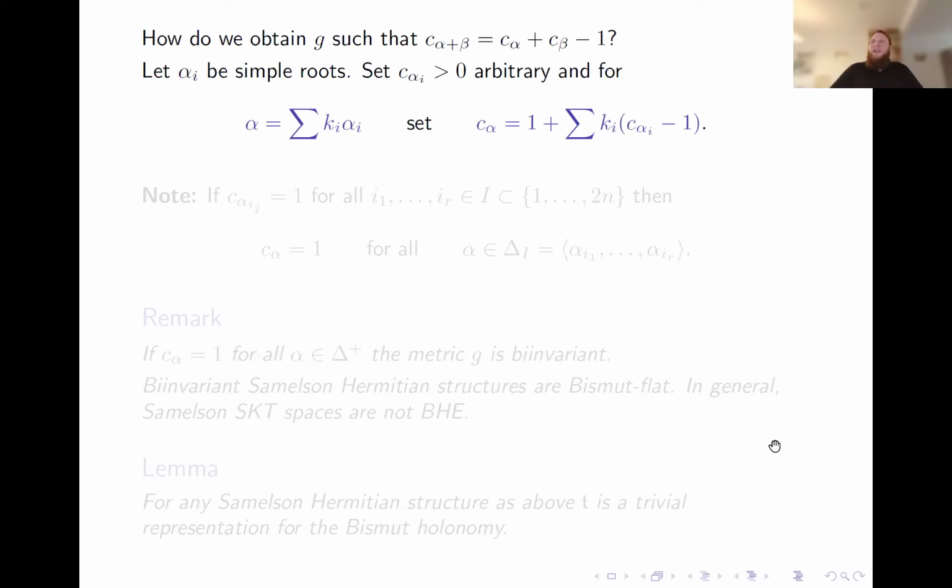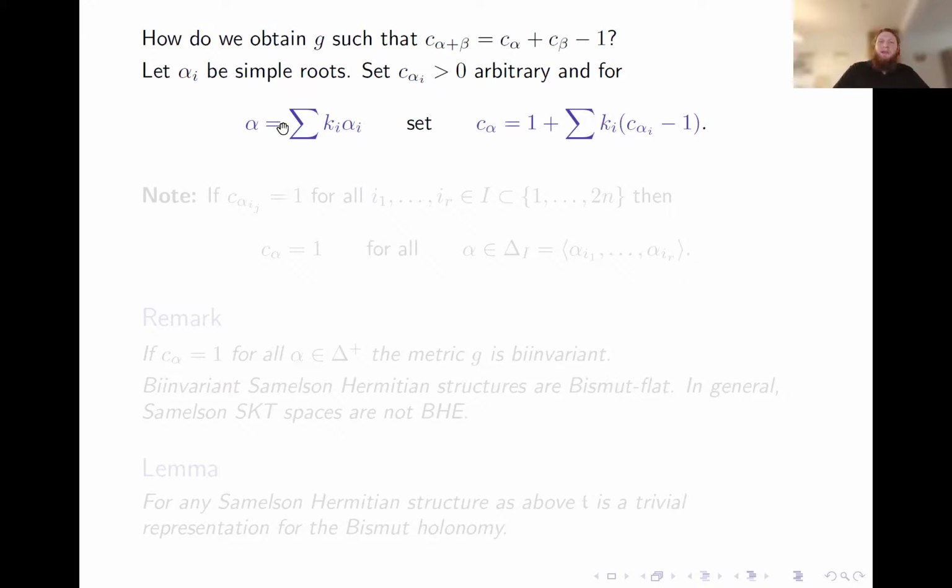You start with your set of simple roots, and you set the coefficients for these simple roots arbitrarily. There is a bit of a caveat: you need to check that in the end your metric will be positive definite. But if you set them big enough, that's not a problem. Then all your roots can be expressed as sums of these simple roots.